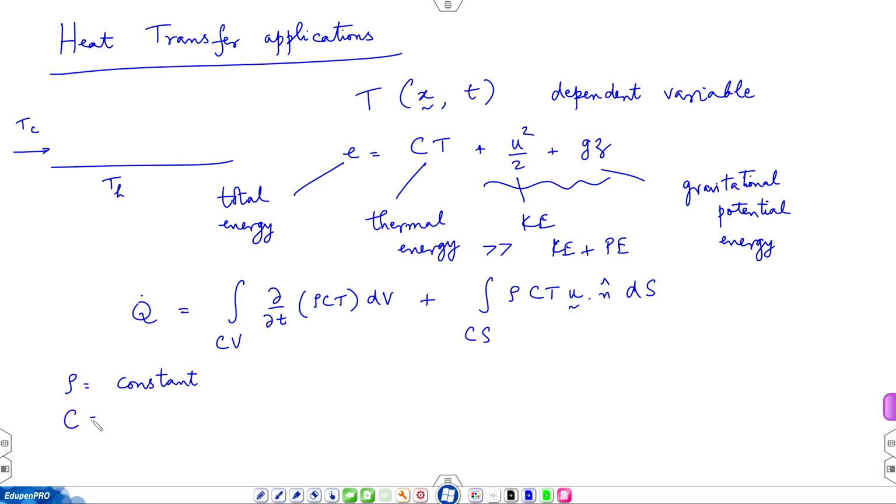So, C is also specific heat, constant specific heat. What are the units of small e?